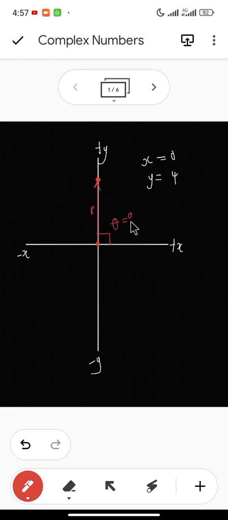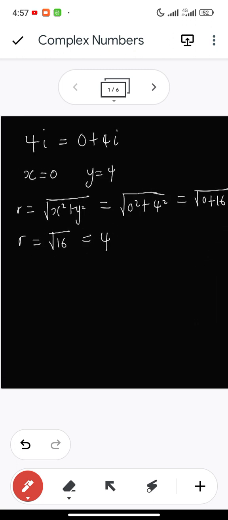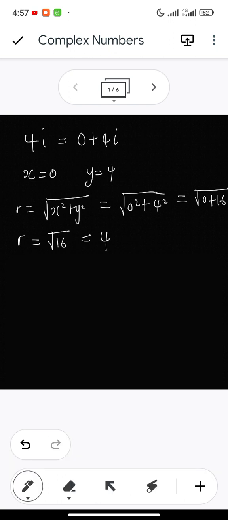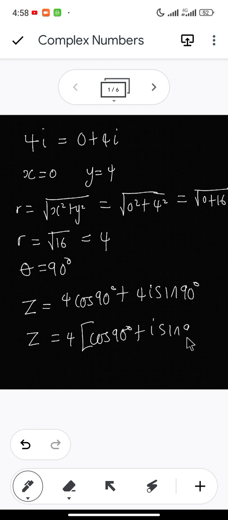The argument is 90 degrees. So in order to finish this up, your argument theta is 90 degrees. So your complex number is going to be 4 cos 90 degrees plus 4i sine 90 degrees. You can also factorize this to be 4 times cos 90 degrees plus i sine 90 degrees.